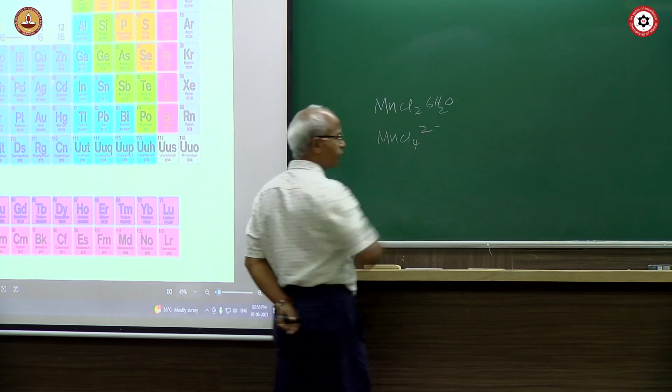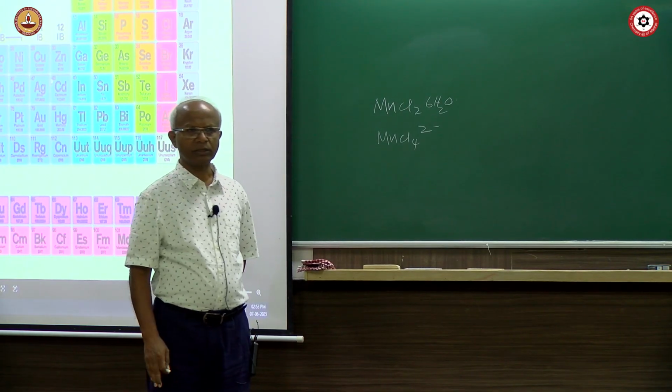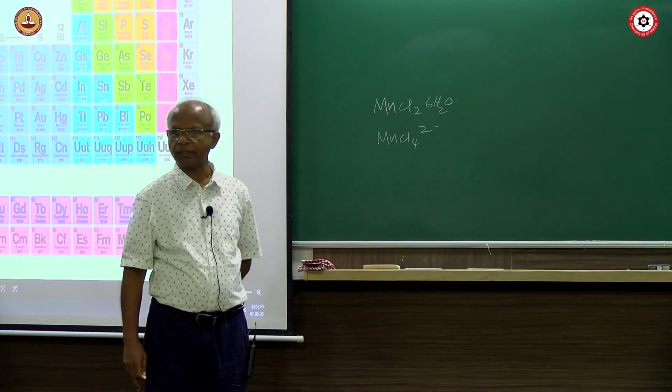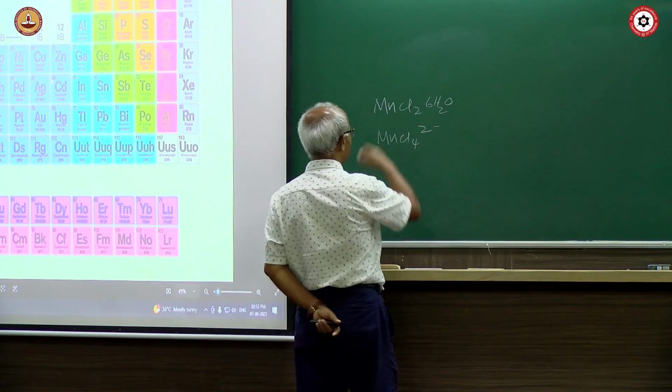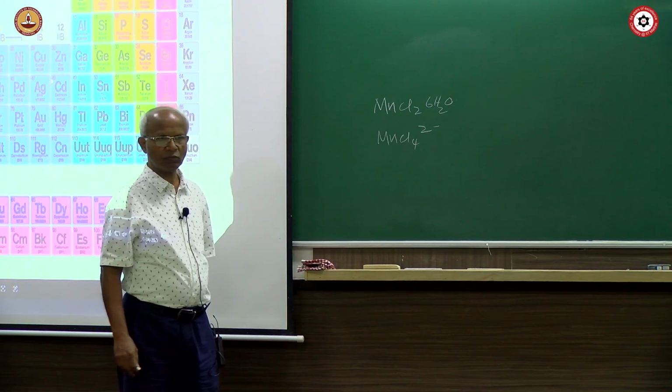Many different, instead of chloride, I can put sulfate or other anions, perchlorate, all those anions I can put. So if you look at this, I have written for manganese 2 different kinds of compounds, right?